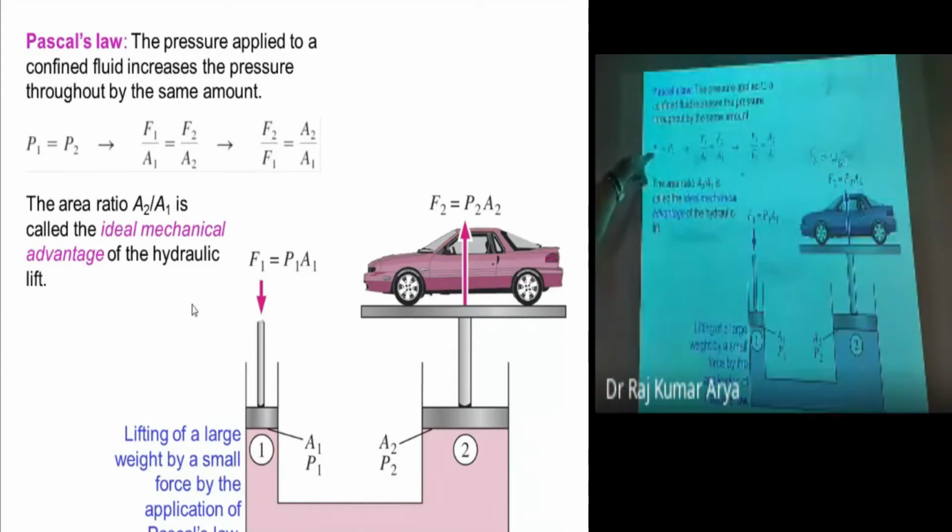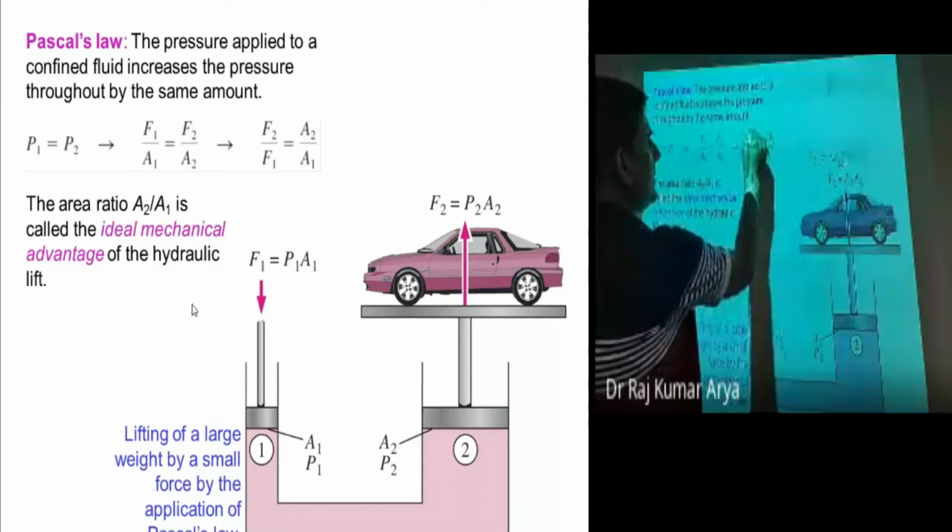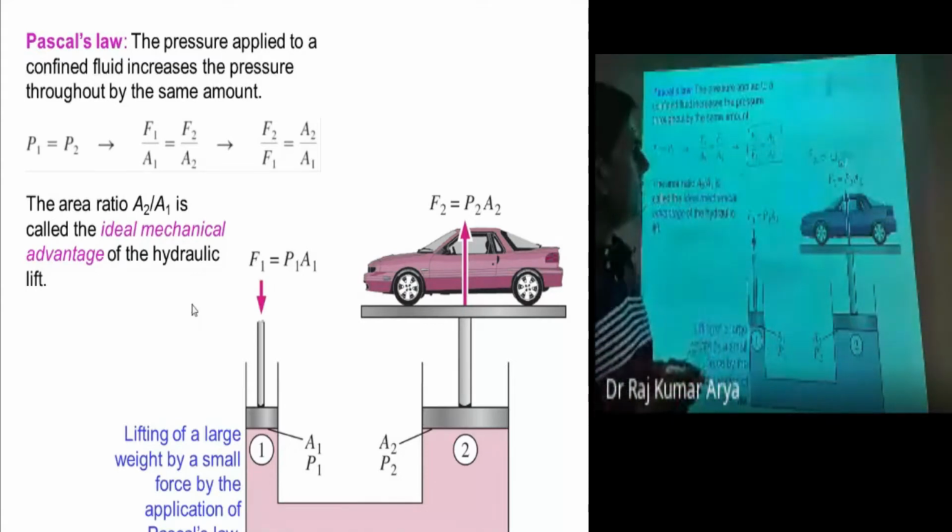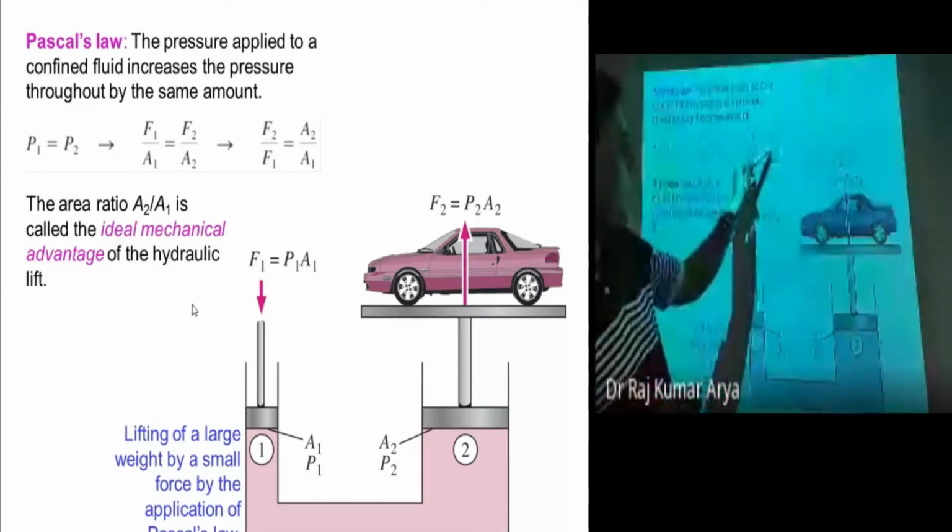The pressure in the same fluid at the same elevation would be the same. So you have P2 into A2. Now, the pressure is force upon area, and finally you come up with this expression: F2 upon F1 equals A2 upon A1.